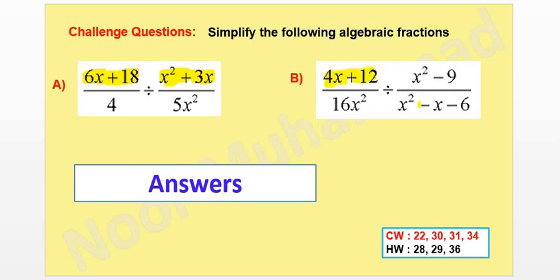This one will be factorized using the GCF. This one will be factorized using the formula. And this one will be factorized using the AC method. So all 3 methods are used in these questions. For these 3 it's GCF. For this one it's the formula, and for this one it's the AC method, right?